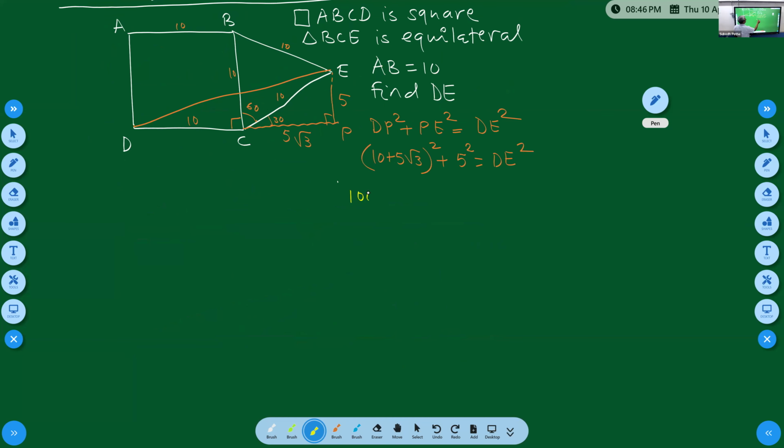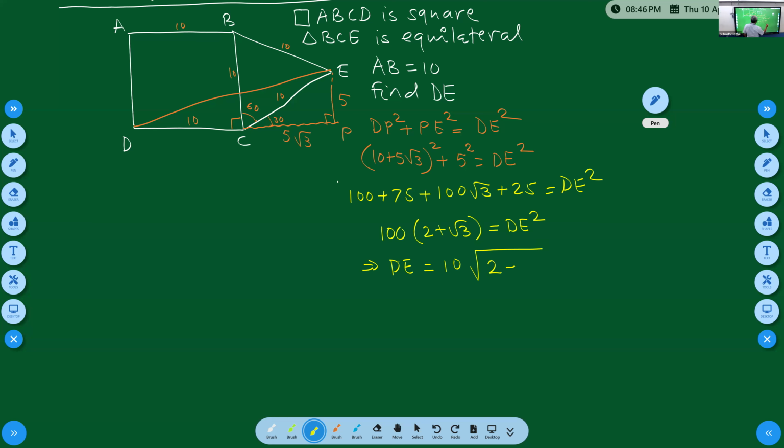So 100 plus 75 plus 100 root 3 plus 25 is equal to DE square. 200 plus 100 root 3. So 100 into (2 plus root 3) is equal to DE square. Therefore, DE is equal to 10 root (2 plus root 3).